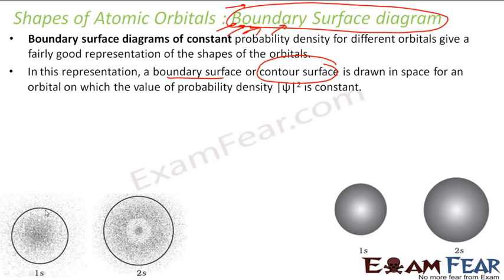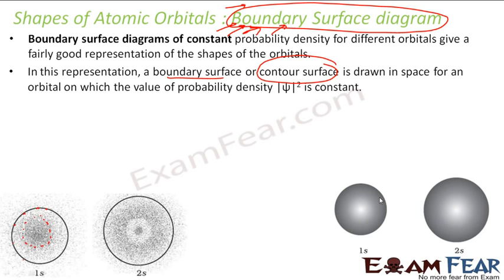For example, at this point the probability density is constant, so I'll draw one line. Here also it's constant, so I'll again draw one circle, but with a lighter color, because the color decides the probability. And if you keep drawing, you'll get something like this.